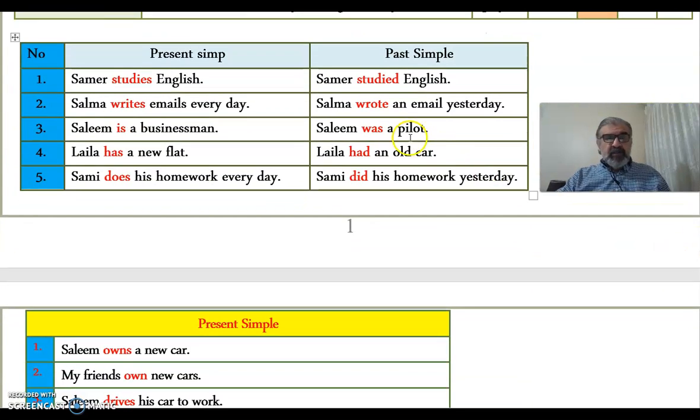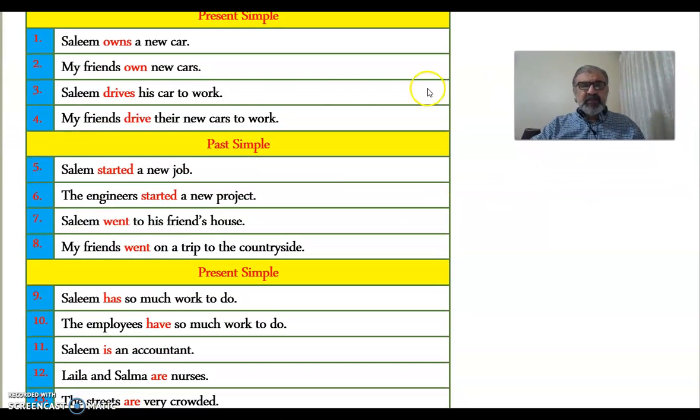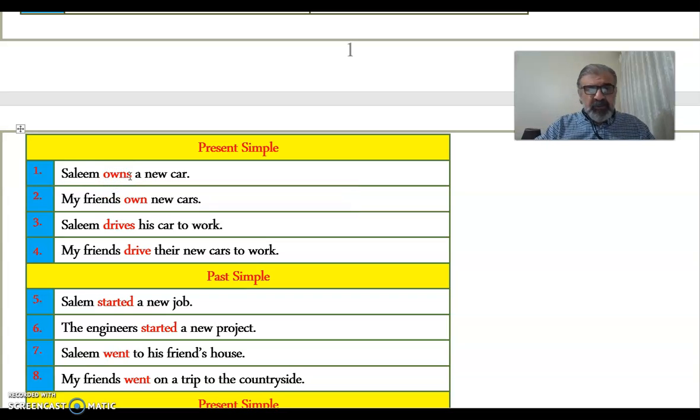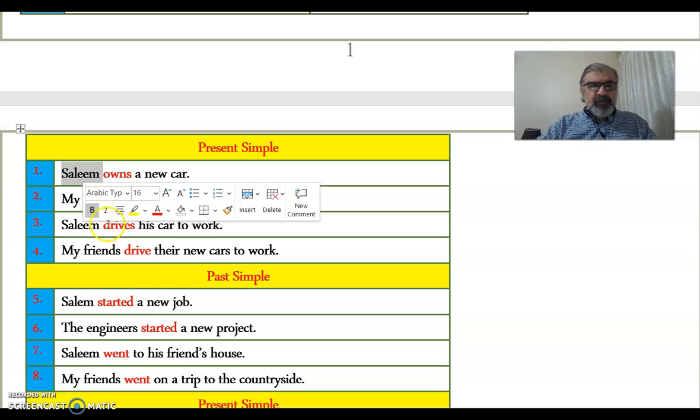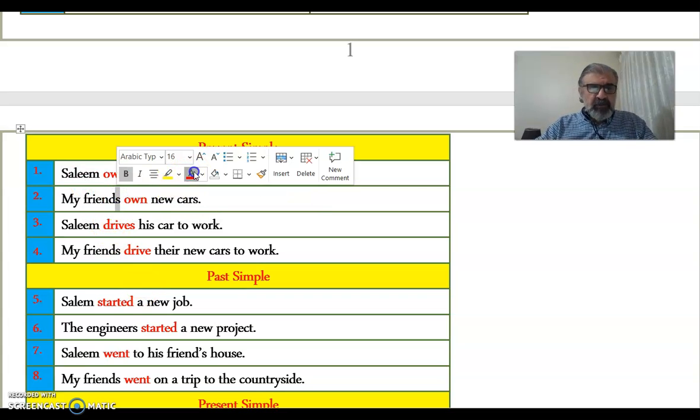Now, in these sentences there are main verbs, while in the following three pairs of sentences, I have used the helping verbs as main verbs. Now, more examples. Salim owns. Now, owns ends with an S because Salim is singular, while friends is plural.